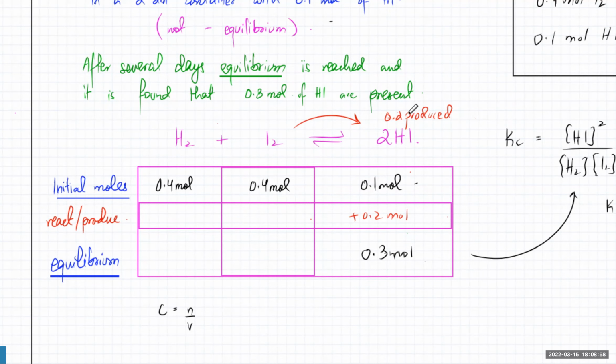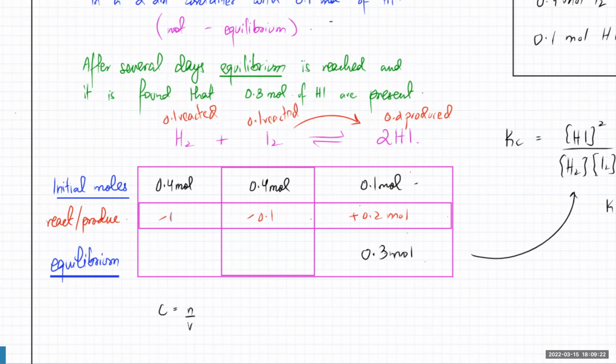So to produce 0.2, how many would have reacted? 0.1, right? Yes. So ये clear है? Yes, sir. Yes. तो इसका मतलब है यहाँ पे 0.1 moles खत्म हो गया ना, they have reacted, right?